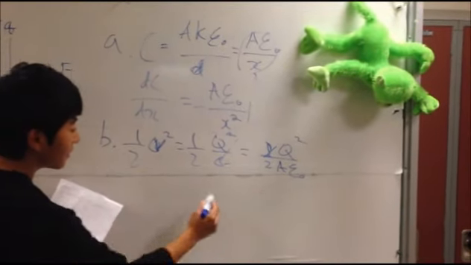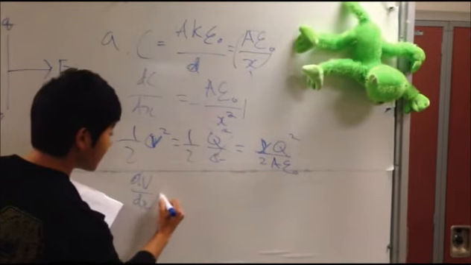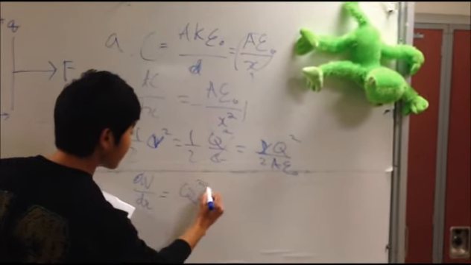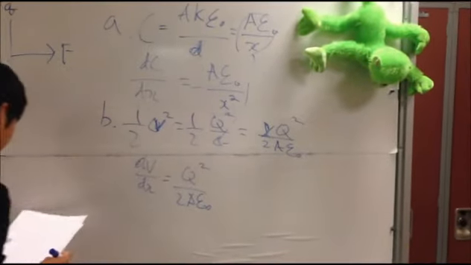And we can get the derivative of this, so dU over dx is just going to be Q squared over 2A epsilon naught.